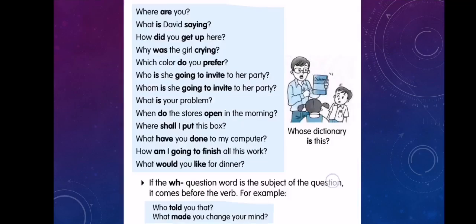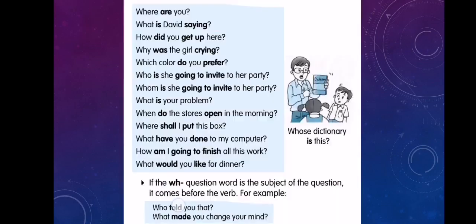Okay. Now we go for WH questions. So WH questions, dia punya verb, okay, subject dia, dia punya what, where, how, the WH question tu, dia comes before the subject, ataupun dia before the be, have dengan has tu.